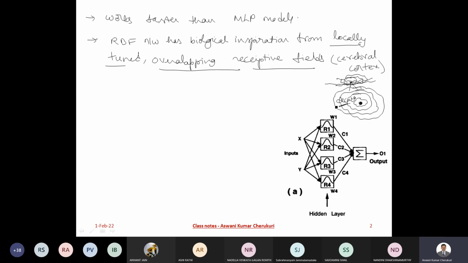When there is an activation at a particular region, not only that region but also a specific boundary around it gets activated. This is what is there in the human brain, called locally tuned overlapping receptive fields.